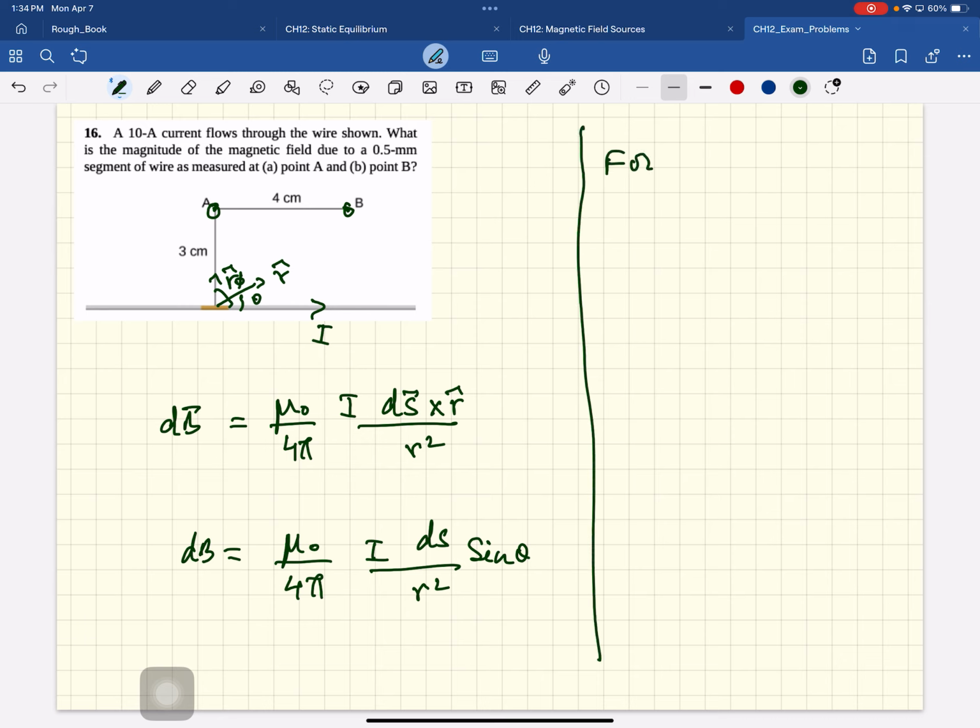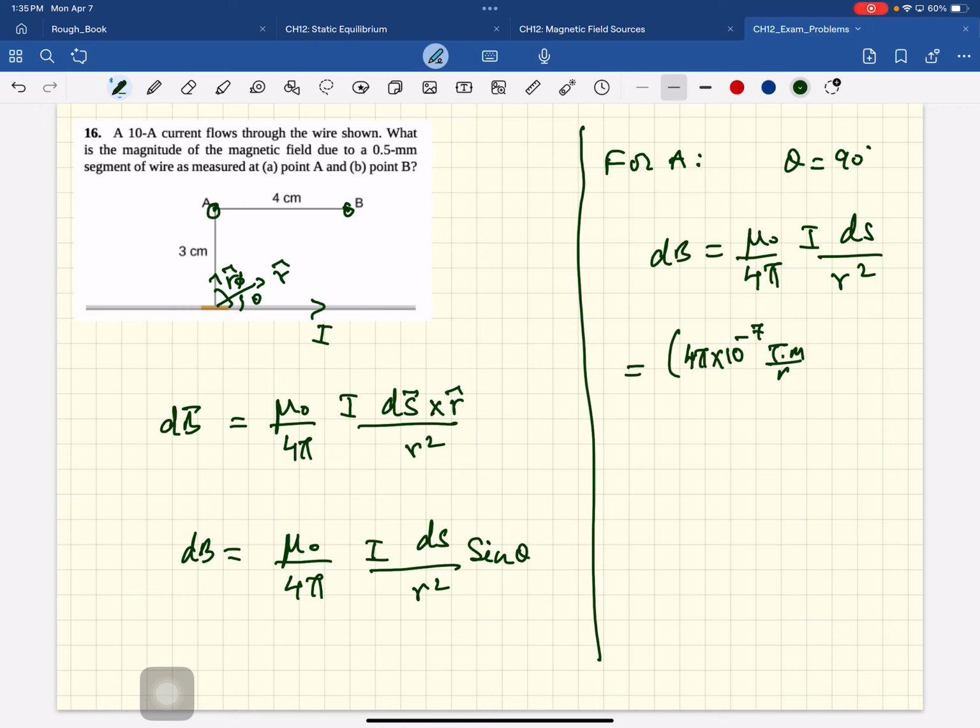So for A, theta is 90 degrees. And so the strength of the field is mu naught over 4 pi, I ds over r squared. And so let's put all these values in. Mu naught is 4 pi times 10 to the minus 7 Tesla meter per amp, divided by 4 pi.